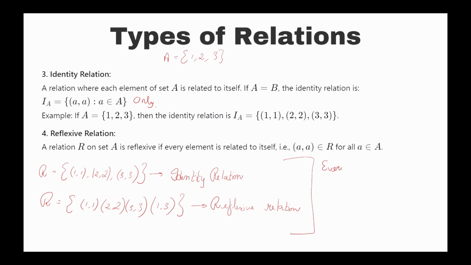Every identity relation is a reflexive relation. However, the vice versa is not true. Not all reflexive relations are identity relations, but some reflexive relations are identity. Let's say if I remove (1,3) from this set, then it would be a reflexive relation as well as an identity relation. So keep these things in mind.